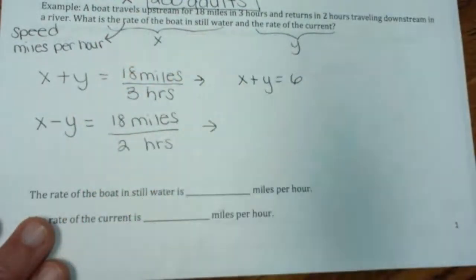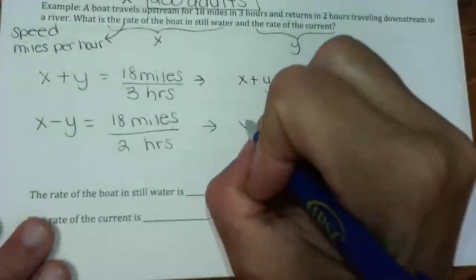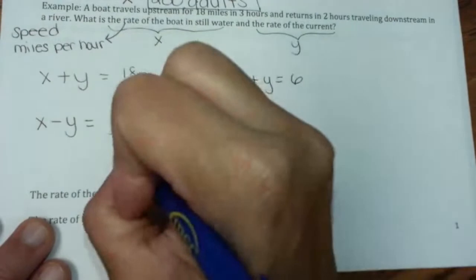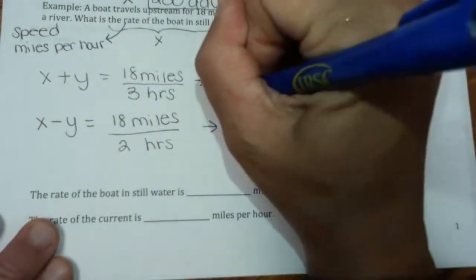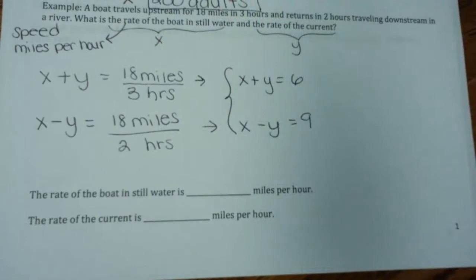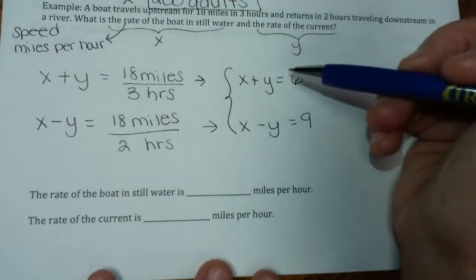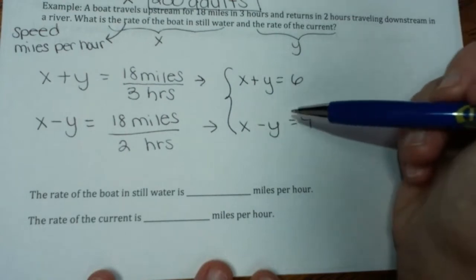So 18 miles in 2 hours. That'll give us our rate, our speed. So I can simplify this to x minus y equals 18 divided by 2, which is 9. Boom, here are my two equations. We are set up to solve these two equations. If you notice, it's x plus y equals 6 and x minus y equals 9.